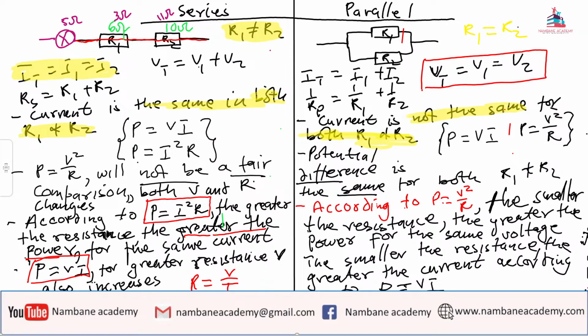But remember, what does this say now? It says the total resistance of the circuit actually increases. According to P = I²R, the total current of the circuit decreases, and according to P = VI and P = I²R, the power will definitely decrease. So it will not perform at its maximum current or power.